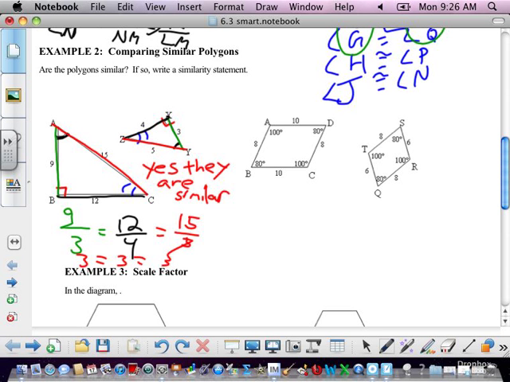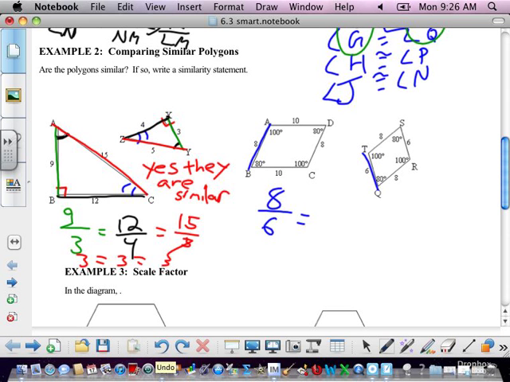Yes. Okay, so now we have to see if the corresponding sides are proportional. How many different numbers are up there for the sides? 4. So I can say, let's look at A to B. That's 8. What is the corresponding side for AB? TQ.